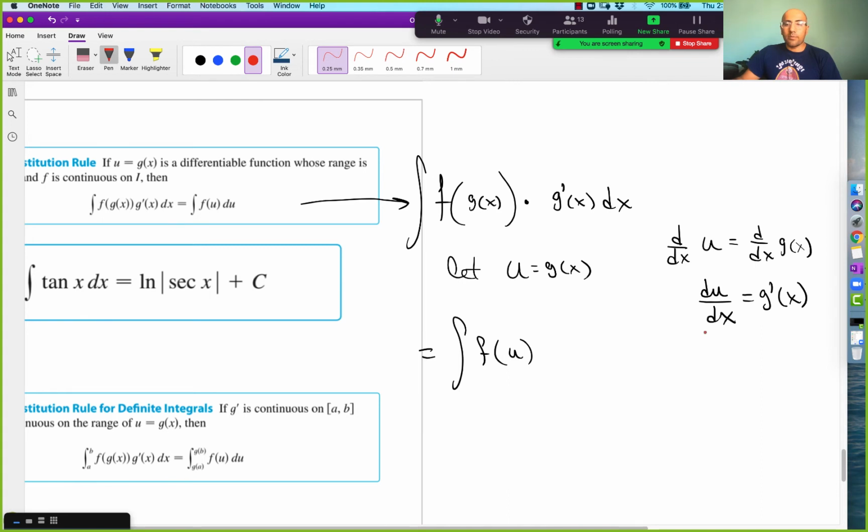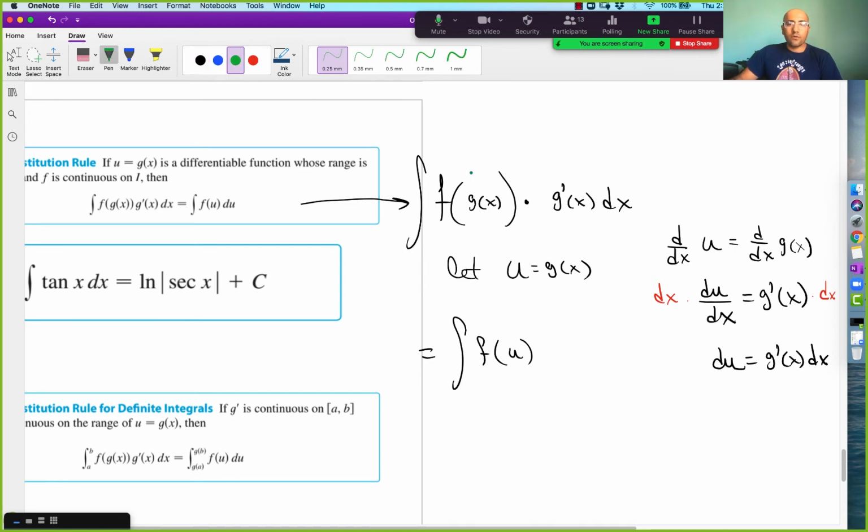So now I can multiply both sides by dx, and I get du equals g prime of x dx, which is this part.